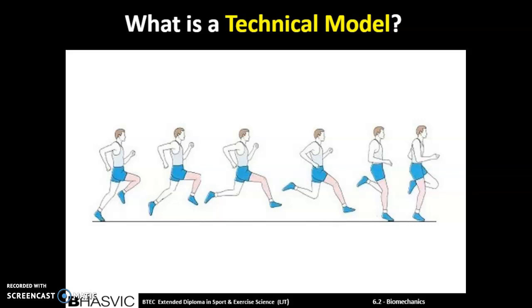Technical models can also be measured objectively or subjectively. Objective performance measures are independent of the observer. That means that the measurement is done using something other than the person observing. Subjective measures rely more on the observer than the independent measures. Sports such as dance and gymnastics are more subjective than objective by their measures.